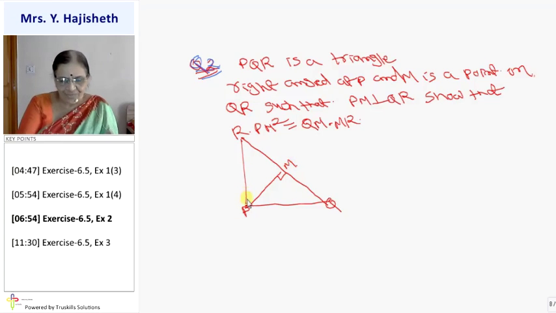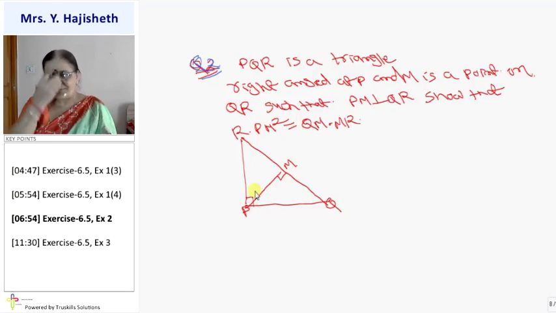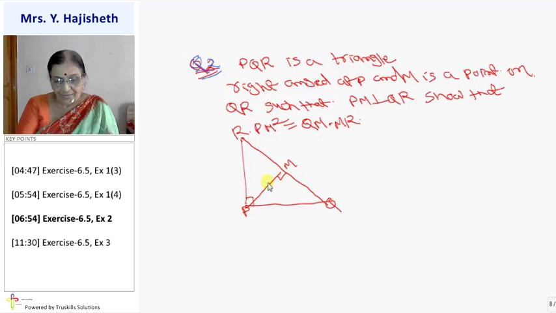The same theorem we have to apply. I want PM square is equal to QM into MR. So I have to take these two triangles, triangle RMP and PMQ. Then I will get side PM in both triangles, so it will be in the cross. So in the cross product, PM square will come.